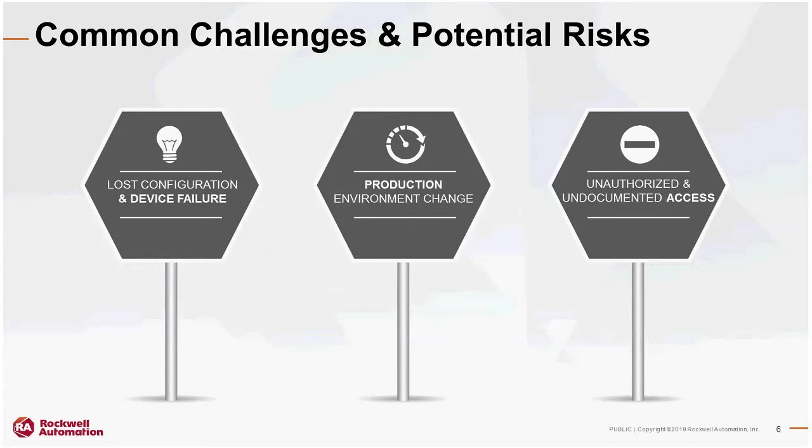As your production environment changes, as almost all do over time, how are you managing and documenting that change? Do you know who's making code changes or why even? Unauthorized and undocumented access is a concern at any manufacturing site. So having the ability to restrict access to certain aspects of your process is essential to production and safety.